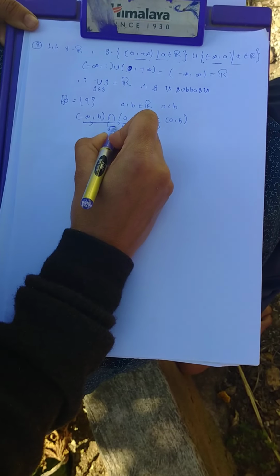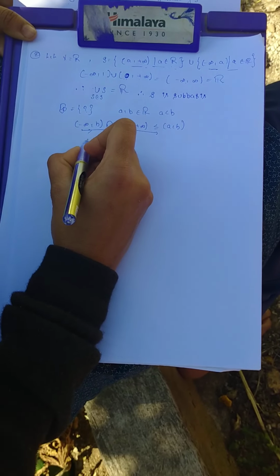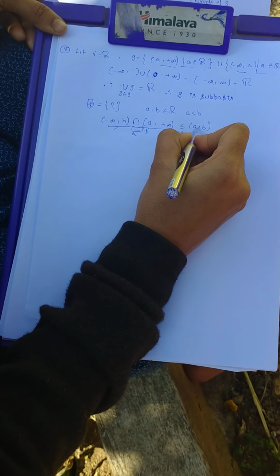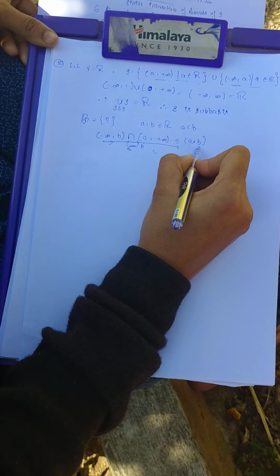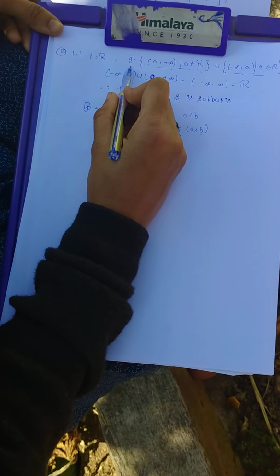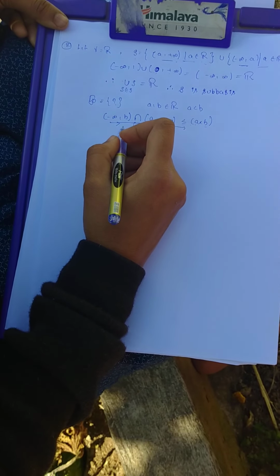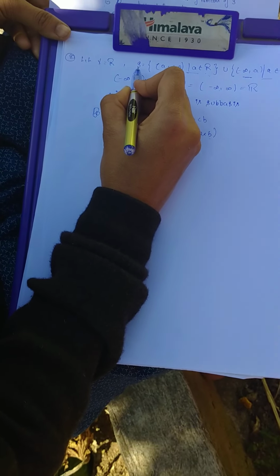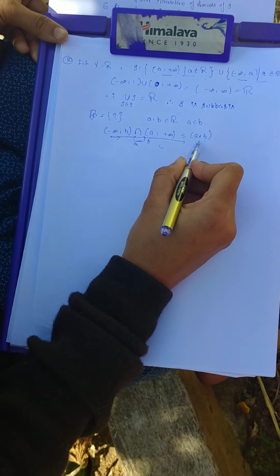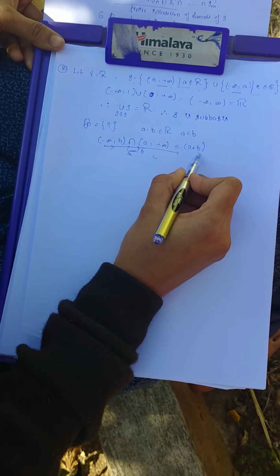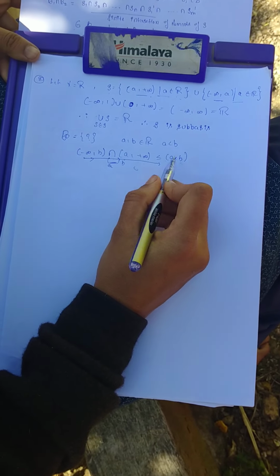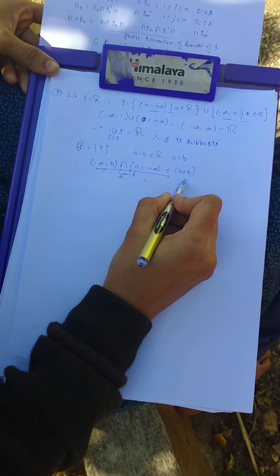Their intersection is this, (a, b). Therefore we get all open intervals (a, b) as finite intersections of elements of S. Therefore, finite intersections of elements of S are elements of the form (a, b), open intervals.